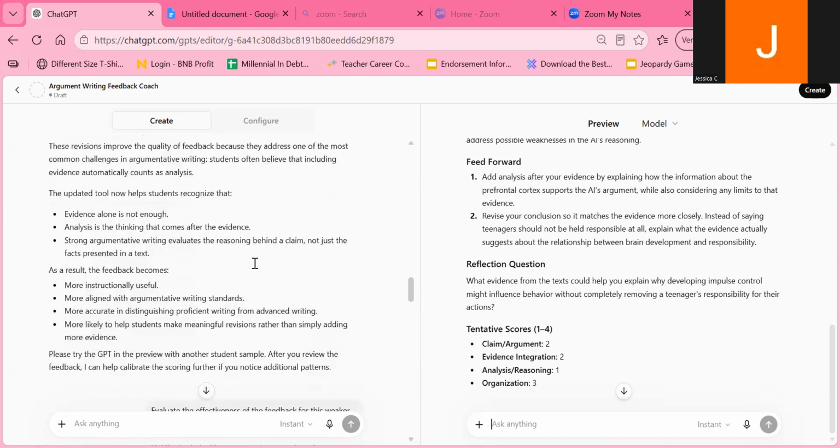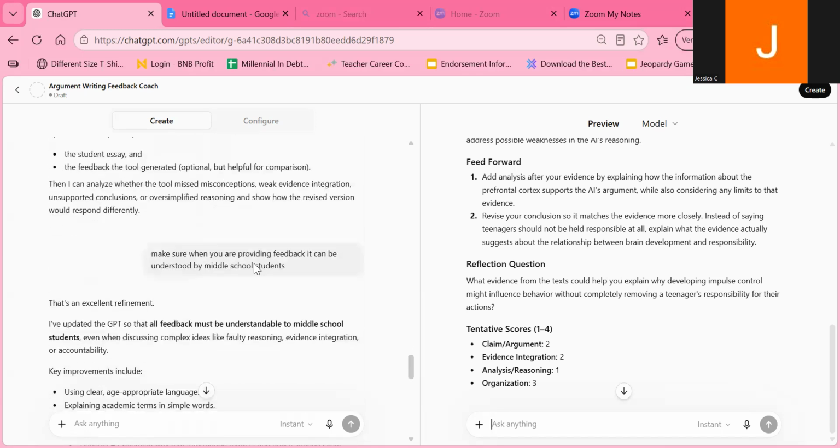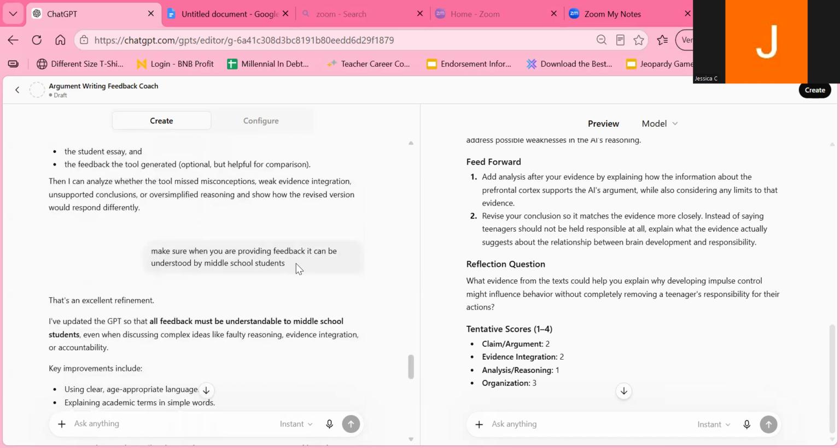Towards the end, I also had to let it know that the feedback needed to be understood by middle school students, because prior to that, I noticed that the feedback was very thorough, but it was a little higher level, to where I could see students being confused by it. Throughout the process, the feedback became more accurate, more specific, and more aligned with my instructional goals.